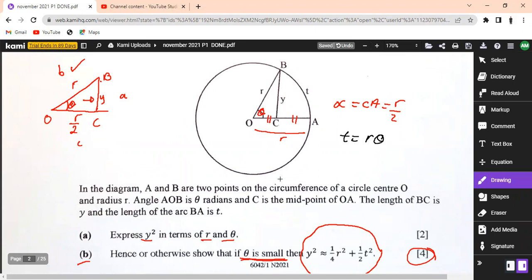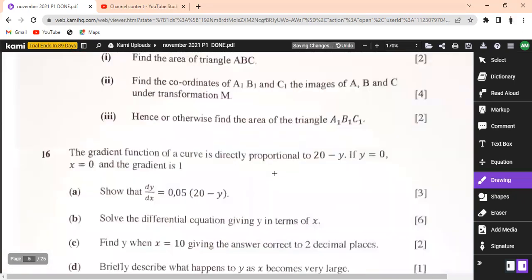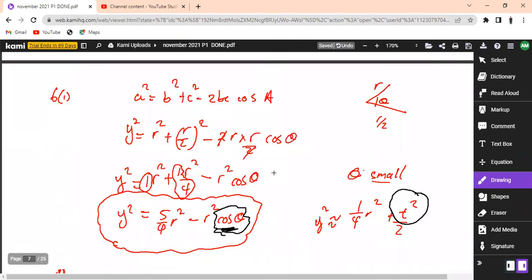So I can make r the subject. Divide by theta here, so I can cancel this, which means r is equal to t over theta. That is what we have for our radius.